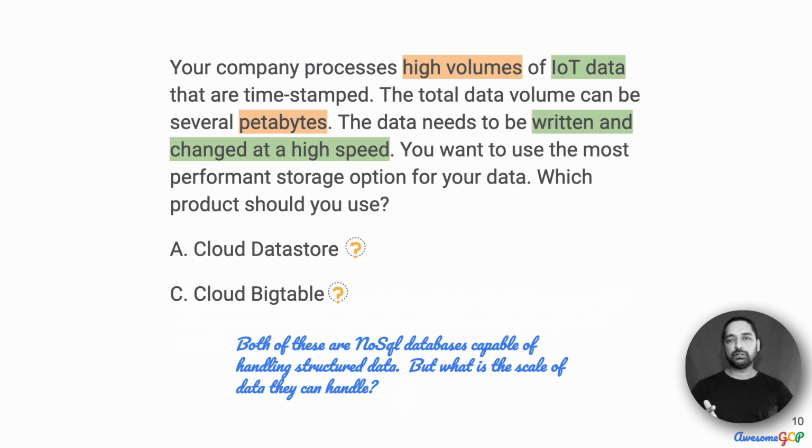Now, the differentiation will be whether it supports the other requirements. On the data type that is being stored, we are good with either of these, right? But does it support high volumes, and does it support very large quantities of data?